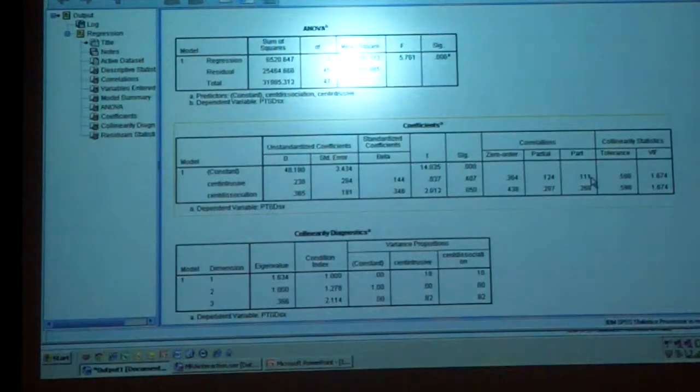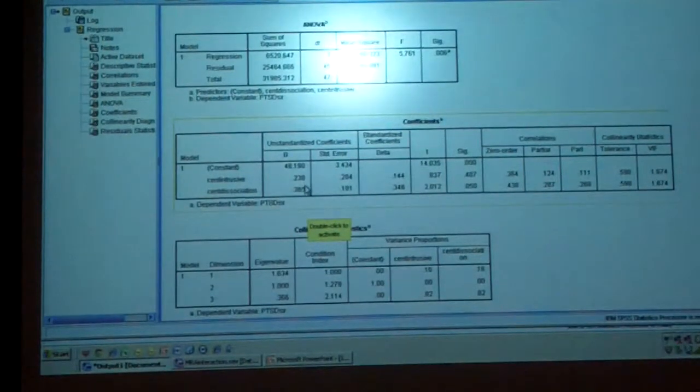I've actually gone ahead and squared those for you on the output, so you have your squared semi-partials. So the interpretation here is a 1 unit increase in intrusive thoughts after the trauma would be likely to produce about a 0.24 increase in PTSD symptomatology with dissociation held constant.